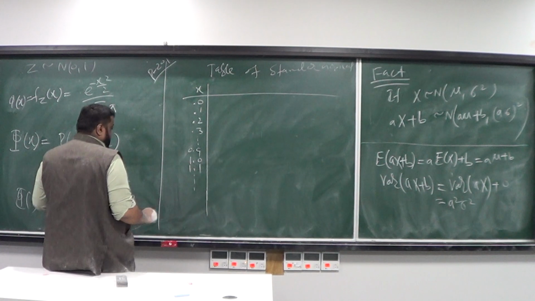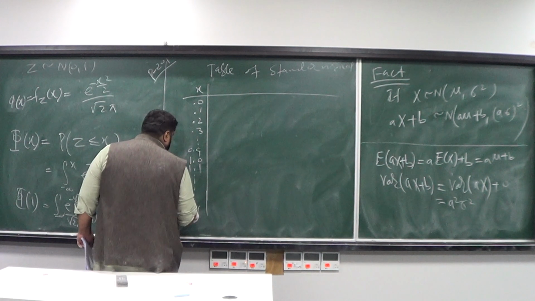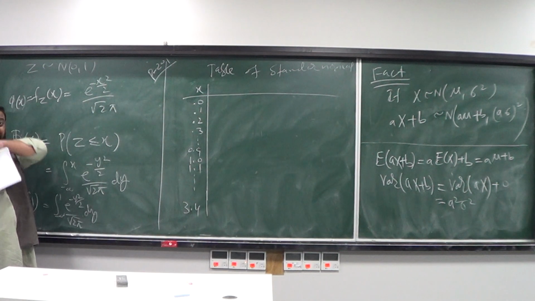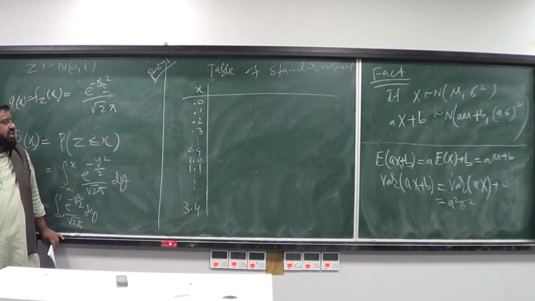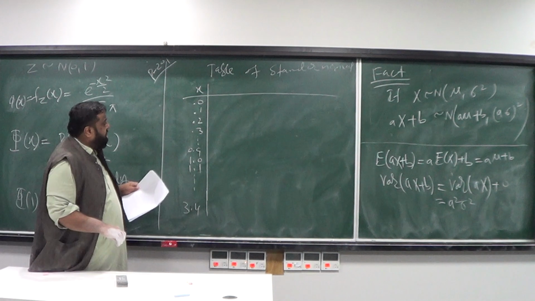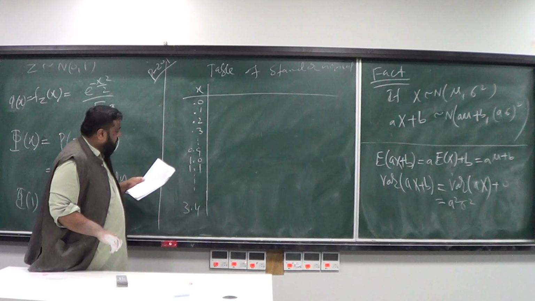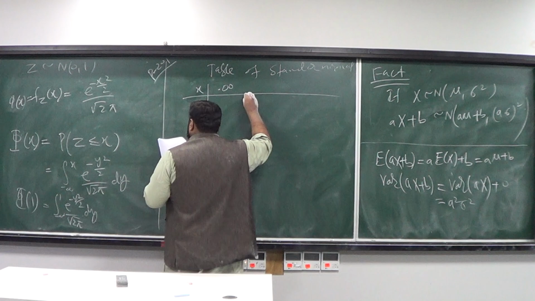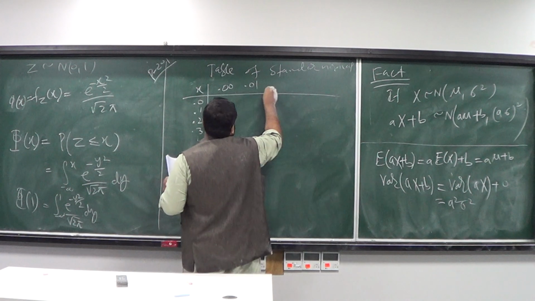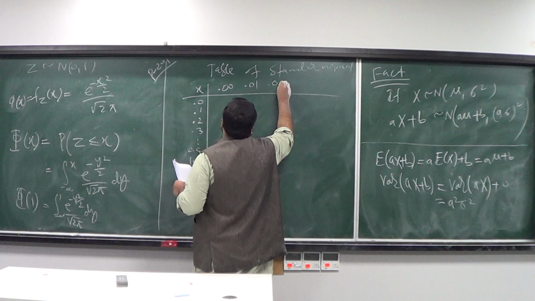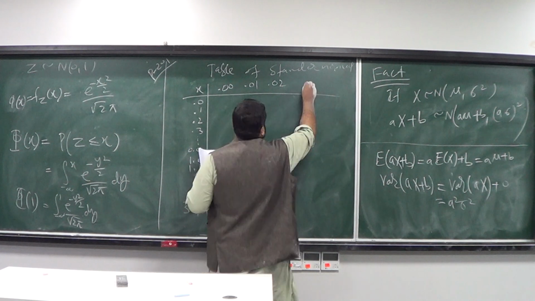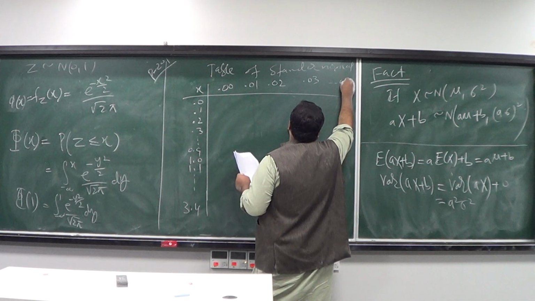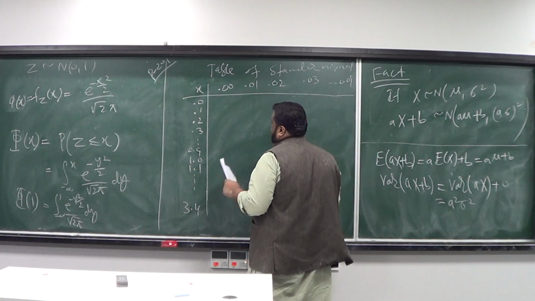For example, in the book it's given up to 3.4. You can go even more, but 3.4. The column has these values, and the row has these: 0.00, 0.01, 0.02, 0.03, and so on and so forth, up to 0.09. So you're going to find this.